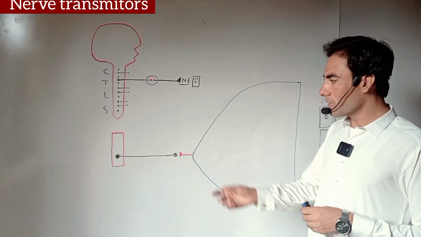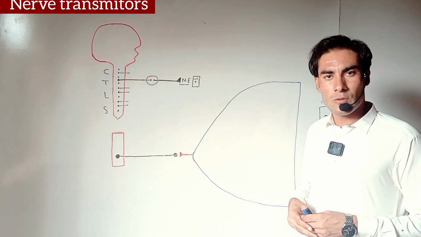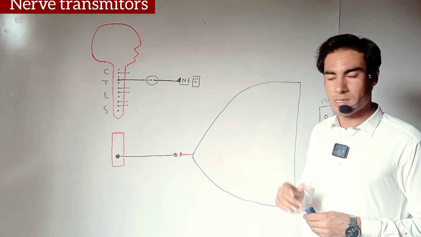So I will just show one pathway, very large, and I am trying to illustrate it diagrammatically for better understanding.